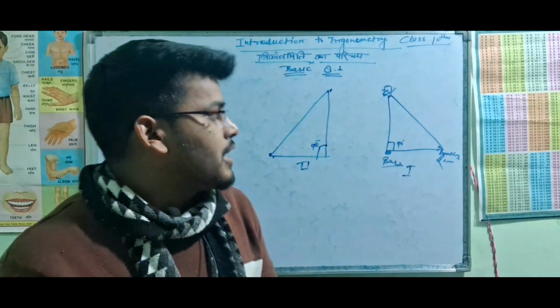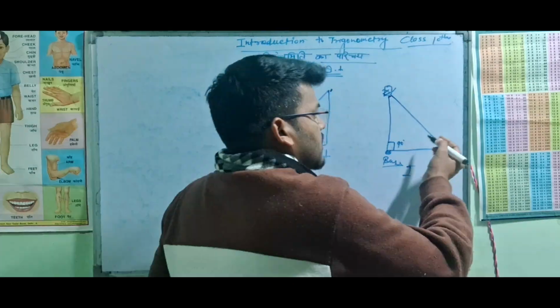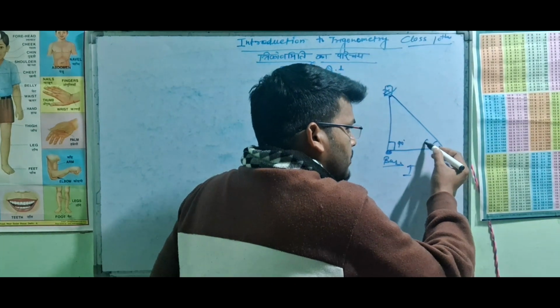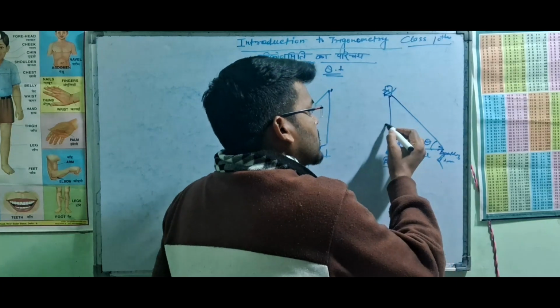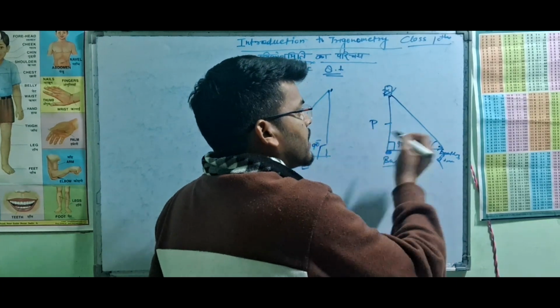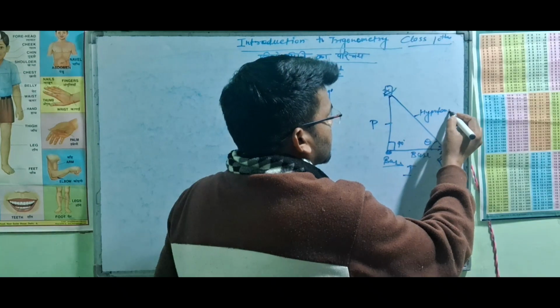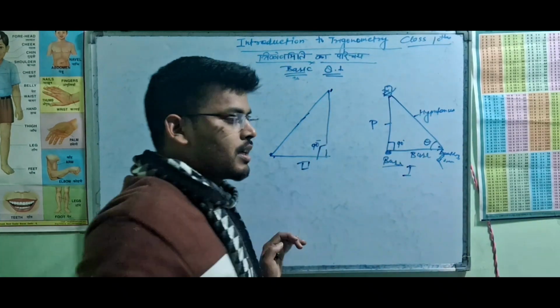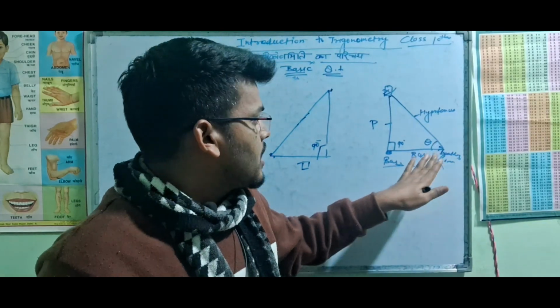So we can use the Pythagoras theorem at this portion. Now this one is the base, this one is the perpendicular P, and this one is the hypotenuse, right? Base, perpendicular, hypotenuse.